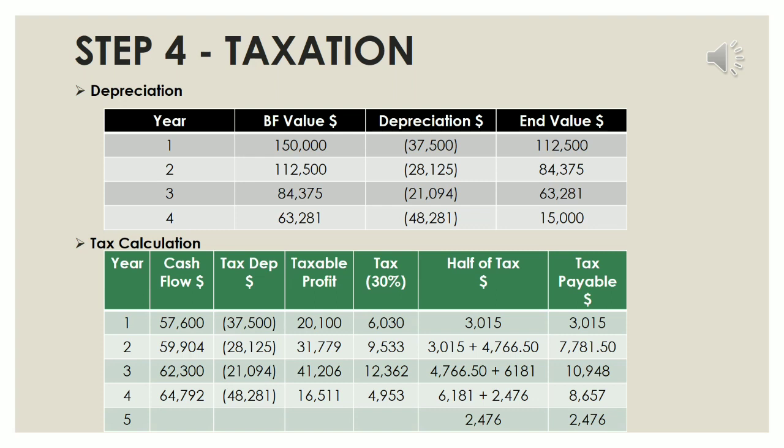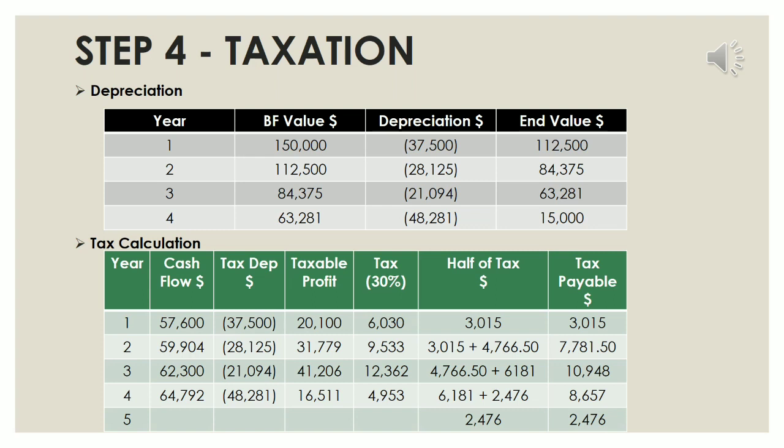Half of that $12,362 will be paid in the third year, and the previous year's half, which is $4,766.5, altogether $10,948 will be paid as tax in the third year.